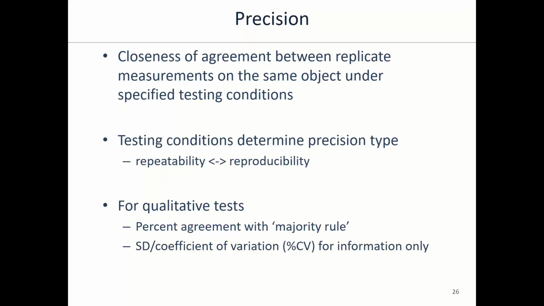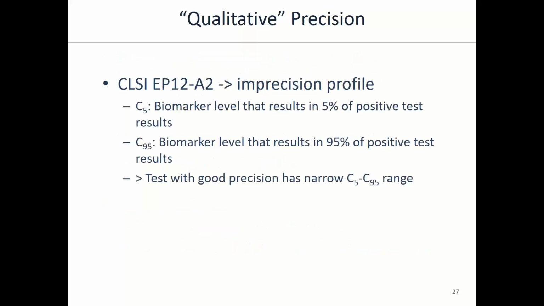And reporting the precision as a standard deviation or a coefficient of variation, what is often done in assay development, is more for information only, because this standard deviation will not tell you a lot in terms of how precise the test is in terms of the intended use.